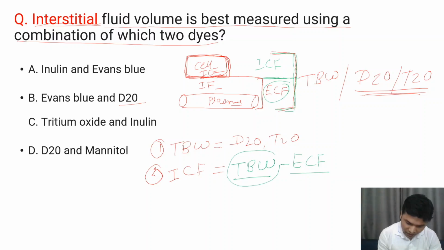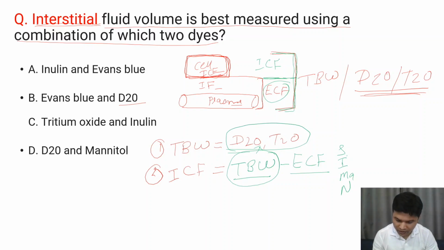So for total body water you can use D2O or T2O. And for ECF you can use SIMON. First is sucrose, next inulin, mannitol, and then sodium thiosulfate.